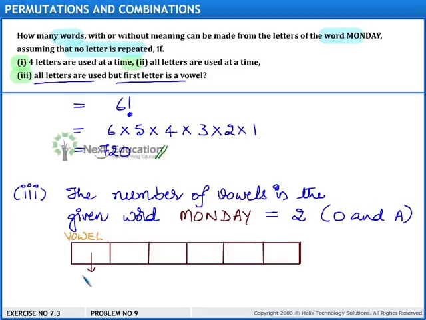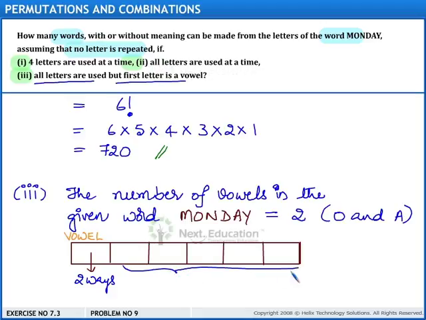Since it is given that the first letter is a vowel, this first place can be occupied by any of the given 2 vowels in 2 ways. Now, any one of the 2 vowels has already occupied the first place. With the remaining 5 letters, these 5 places can be filled in 5P5 ways.